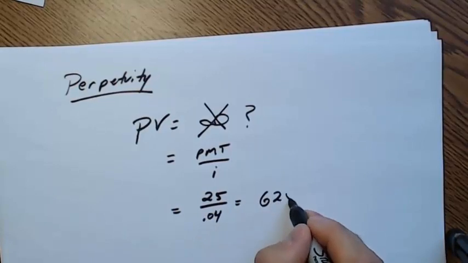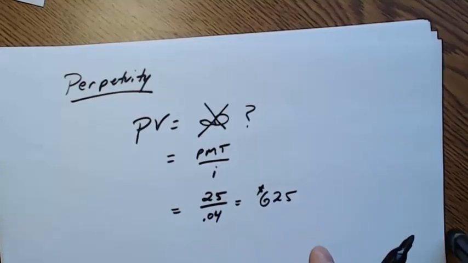That means the bond is worth $625 today. So what is $25 per year forever worth in an environment where interest rates stay constant at 4%? It's worth $625. So if you wanted to sell this bond, you'd be selling the bond for $625.